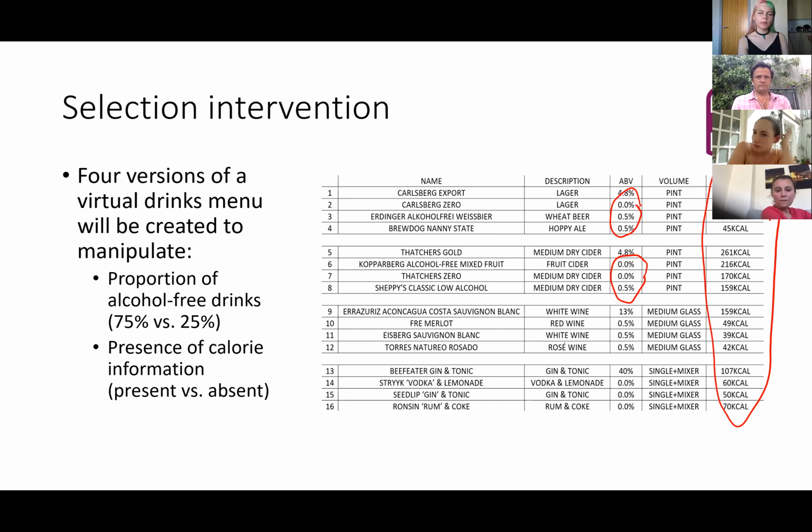I think we might have talked about it, but what's your exclusion inclusion criteria? Is it that they have to be social drinkers? Yeah, they have to drink regularly, so at least once a week, be UK based, be over 18. That's about it.